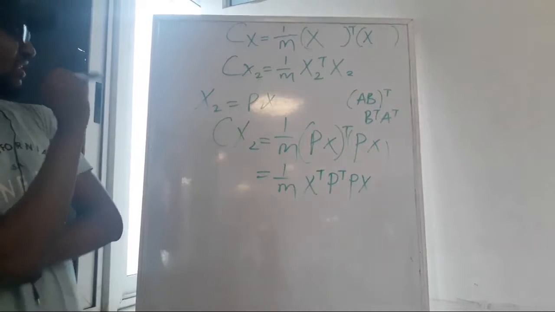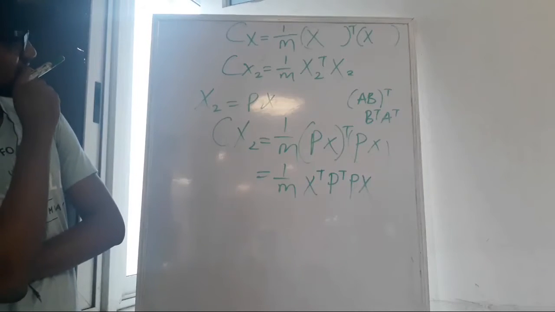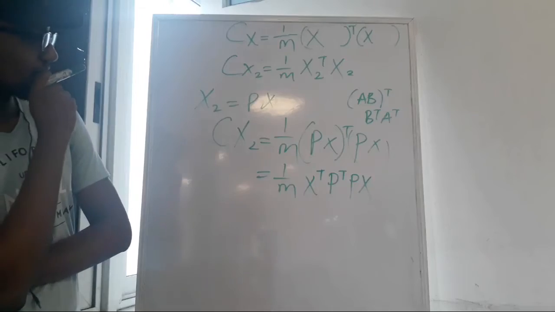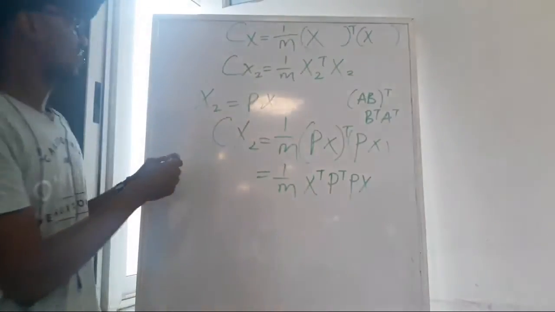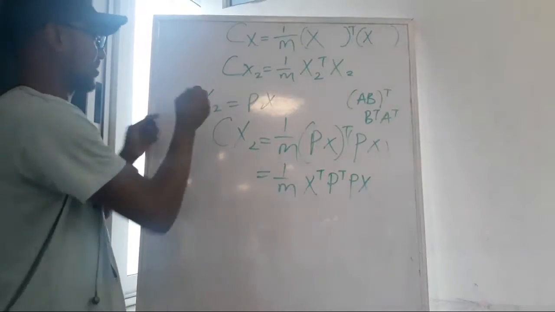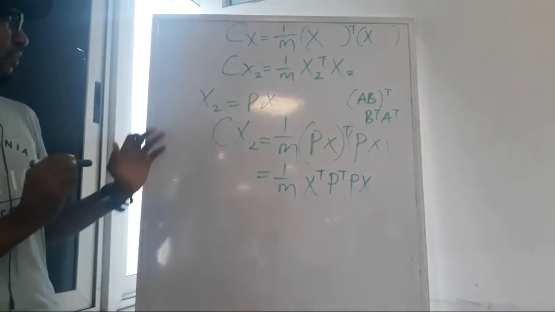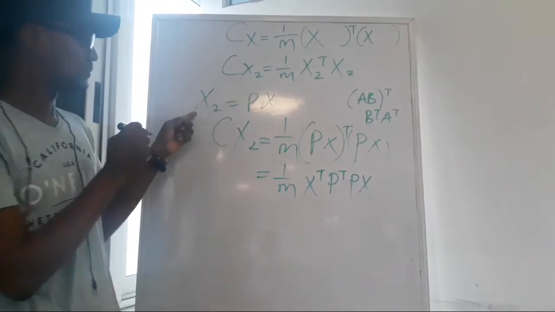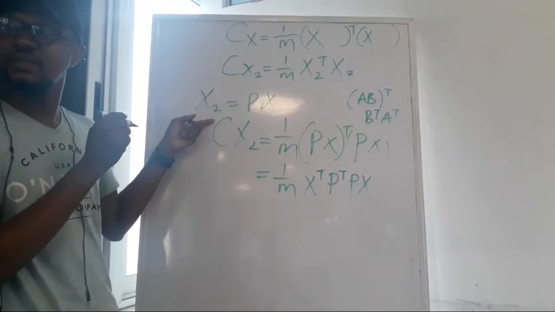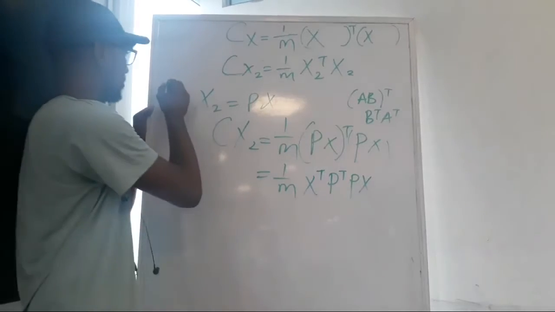There is actually a twist here. So x2 is actually of what shape?